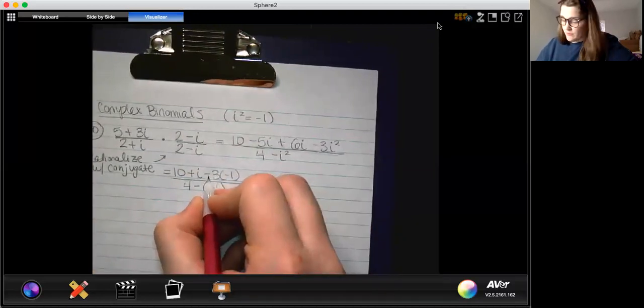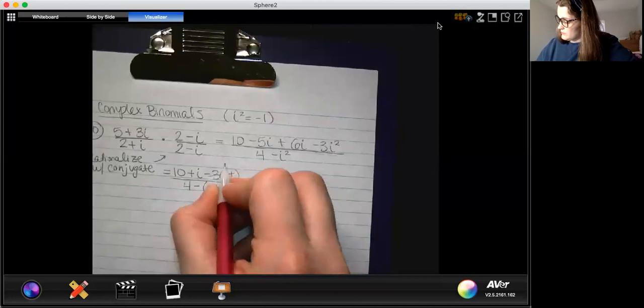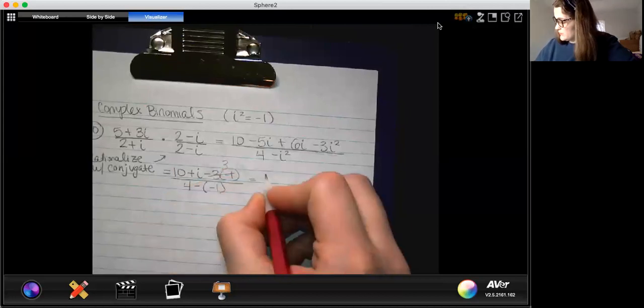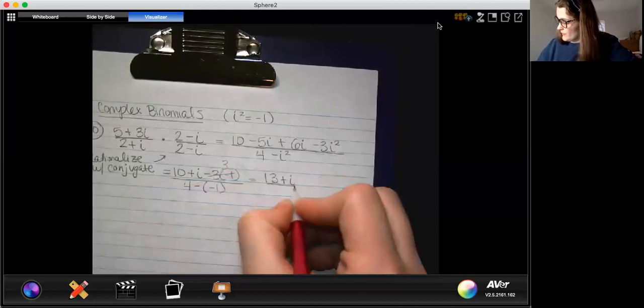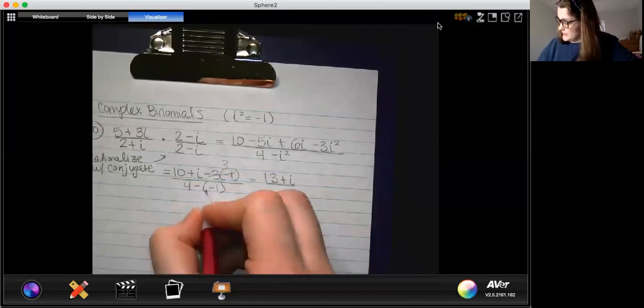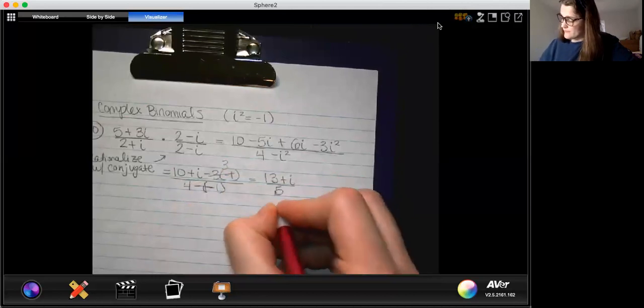You always have to show that. So we have negative 3 times negative 1, which is 3. So 10 plus 3 is 13. 4 minus negative 1 is positive, so that's 5.